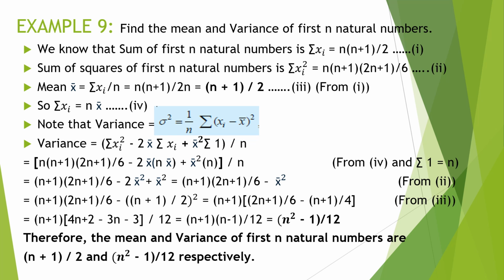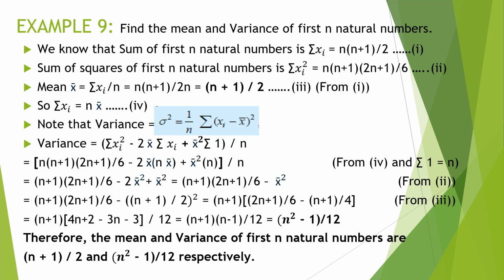Variance formula, 1 upon n sigma xi minus x bar whole square. So it is sigma xi square minus 2 x bar into sigma xi plus x bar square into sigma 1, whole divided by n. Sigma xi square from equation 2, n into n plus 1 into 2n plus 1 upon 6, minus 2 x bar.